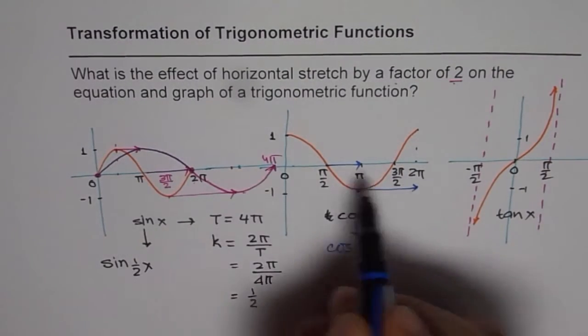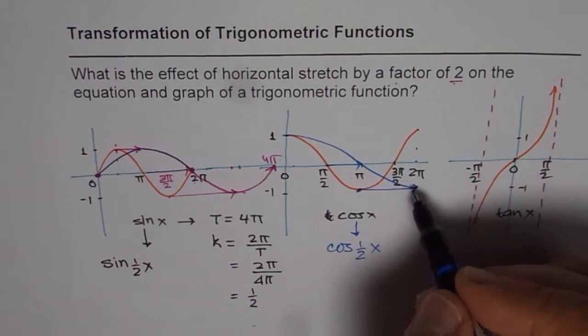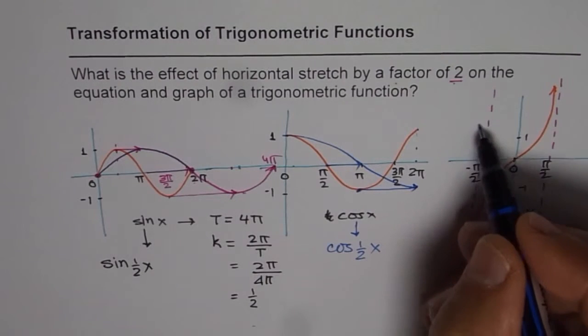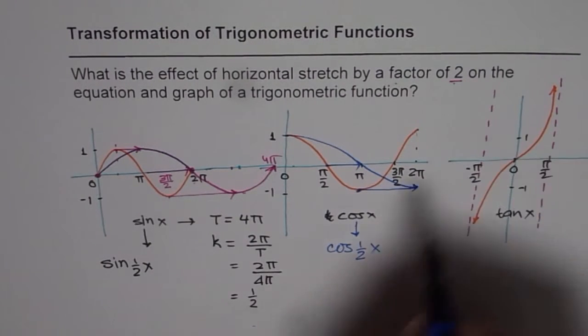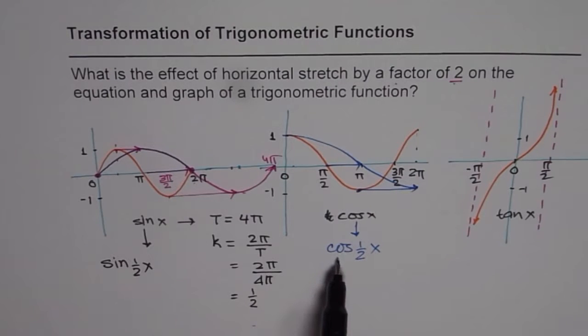So the graph will be kind of this. Do you see that? Half of cosine wave will appear up to 2 pi and then rest half next to pi, bringing the time period to 4 pi, k value as half. So the equation will get transformed from cos x in this time to cos of half x.